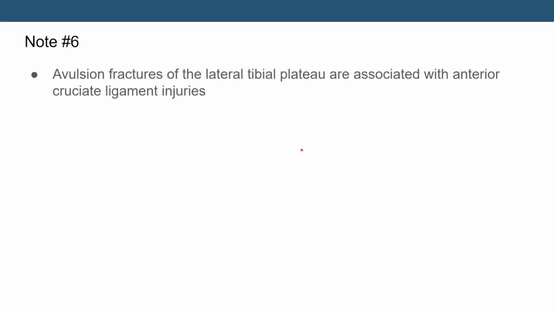Avulsion fractures of the lateral tibial plateau are associated with anterior cruciate ligament injuries. So sometimes a question might not bring up the standard MRI image showing you an ACL tear, an anterior cruciate ligament tear. They might just say there was an avulsion fracture of the lateral tibial plateau.